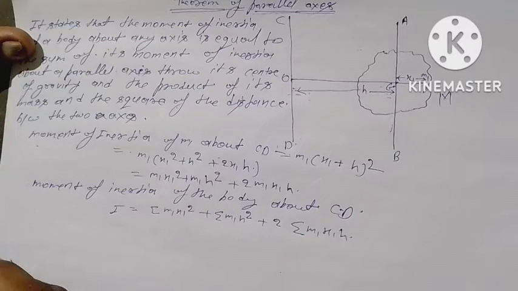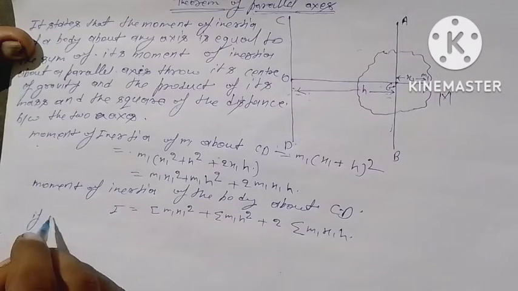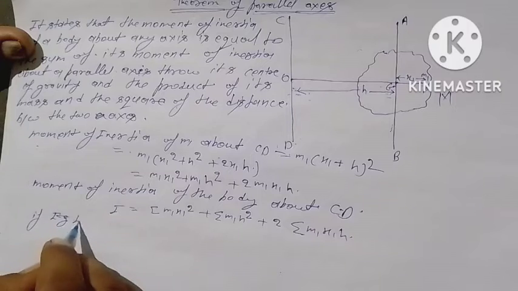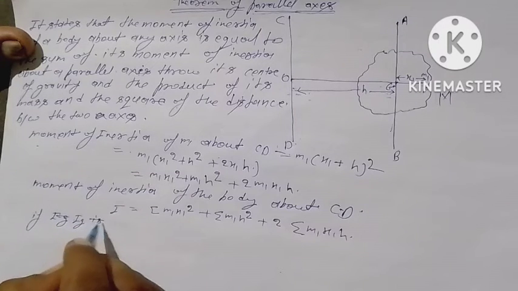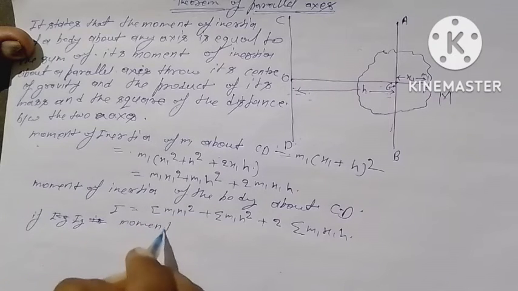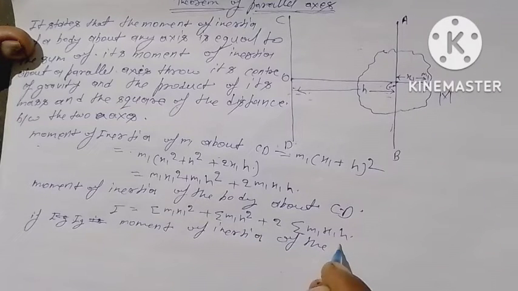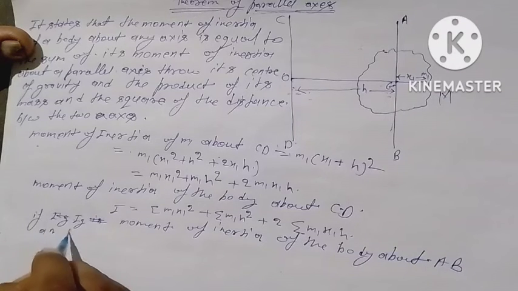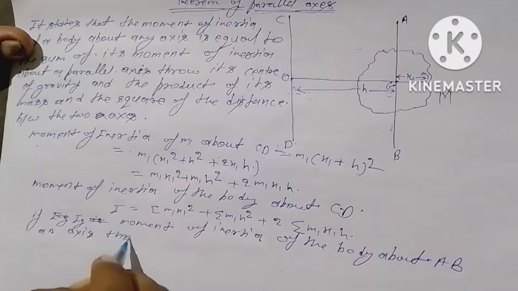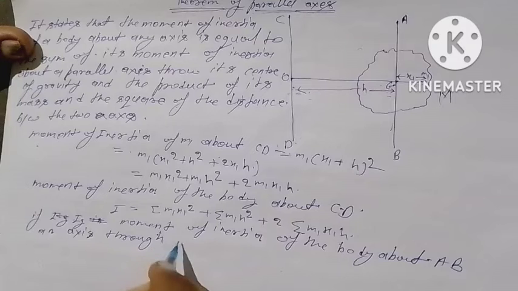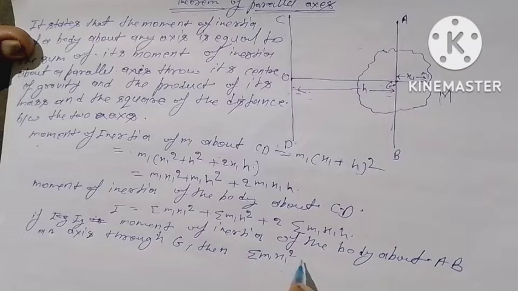If Ig is the moment of inertia of the body about AB, the axis through capital G, then sigma m1 x1 square equals Ig.